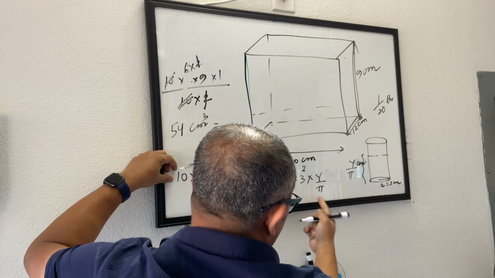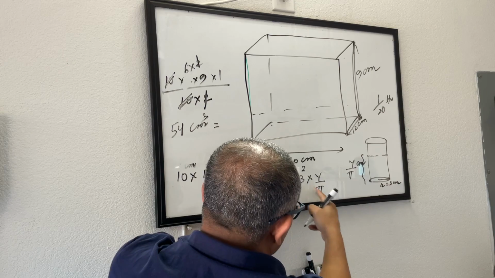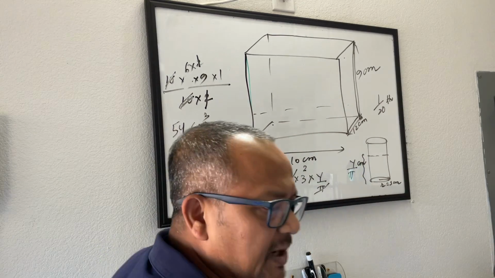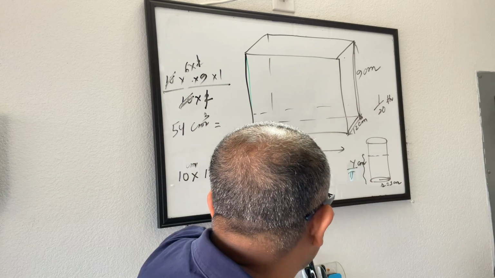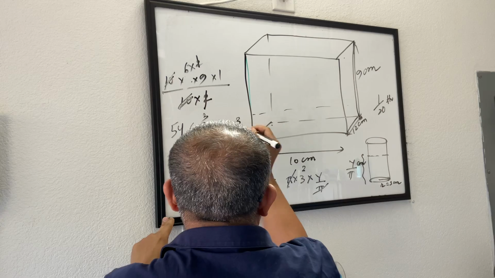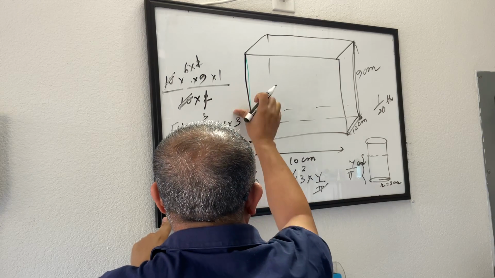Now here, you straight away saw pi and pi. You can do a tic-tac-toe, no point multiplying by pi and then dividing by pi. Now you have y into 3 square. 3 square is nothing but 3 into 3, that is 9.